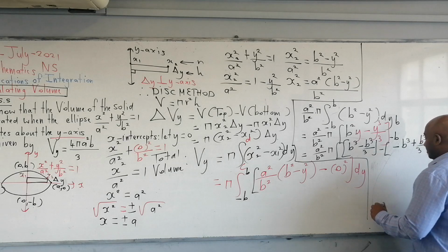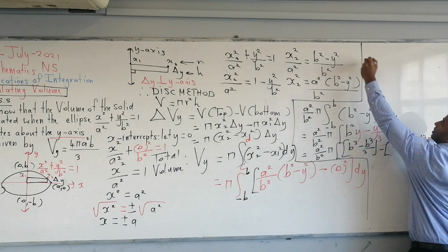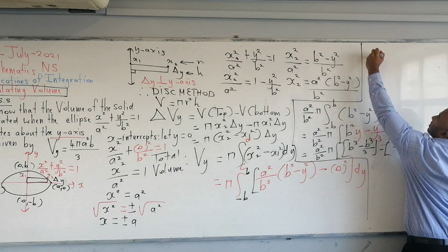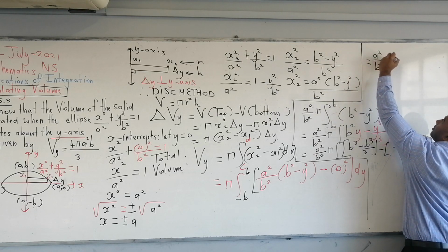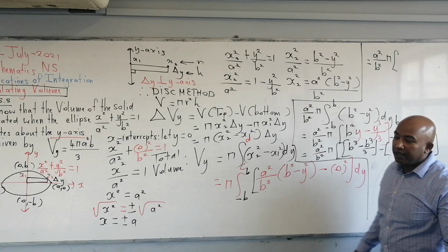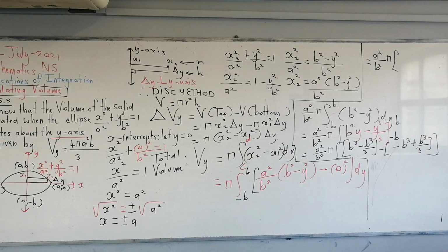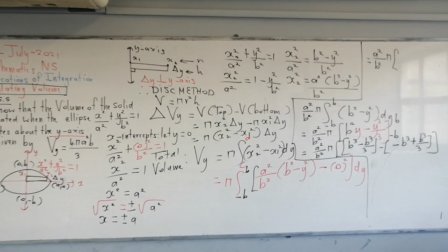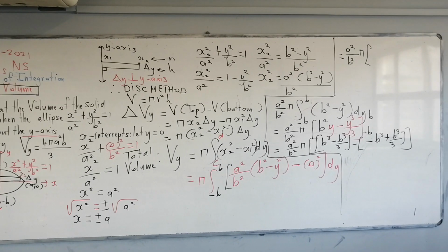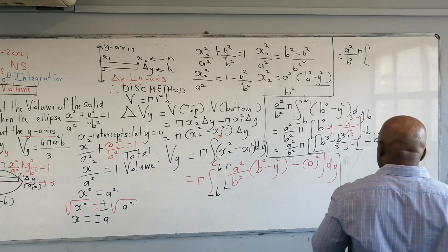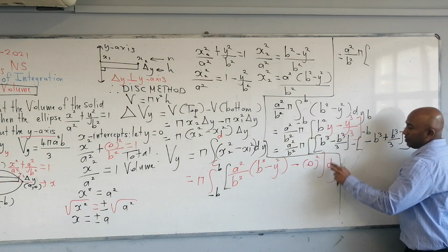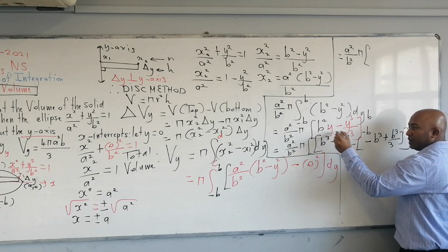Now, let's see what happens. I'm going to just work it out here. So I have a squared over b squared pi. And now I need to simplify. So here, I can work this.